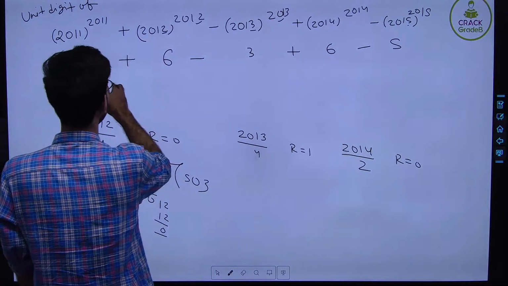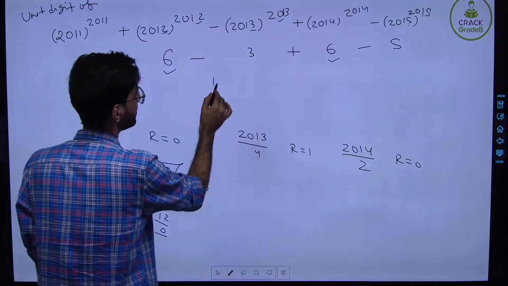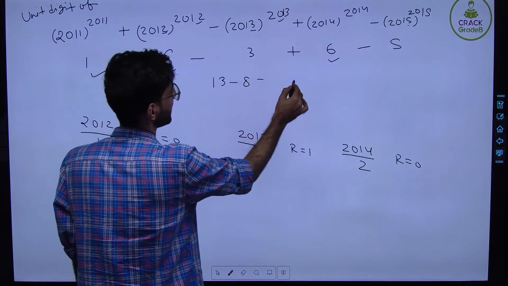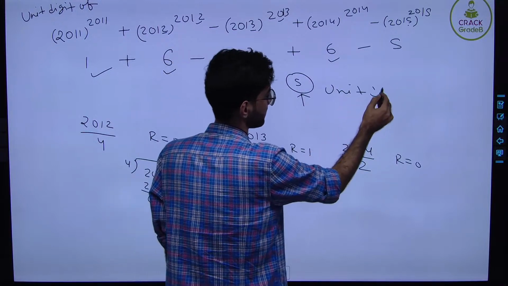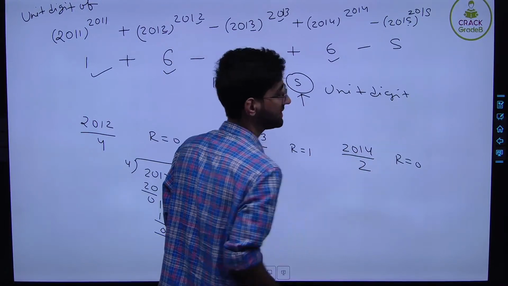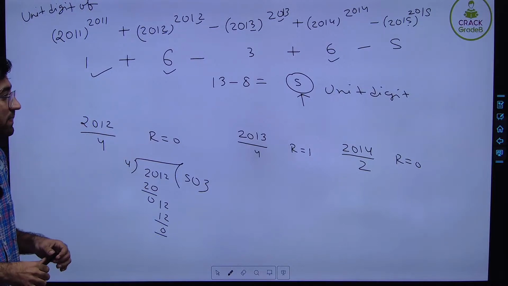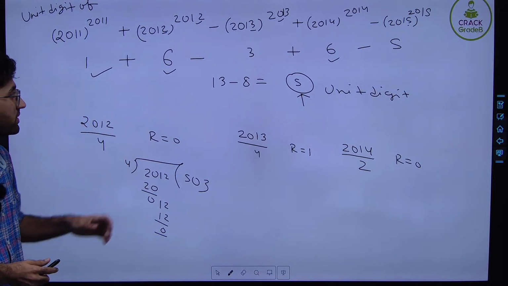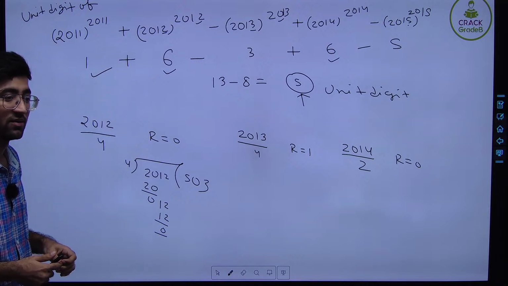Simply add 1, 6, 7 plus 6, 13. 13 minus 8 means 5 will come at the unit place, right? Any doubt? Okay. Are you noting any part? Okay.